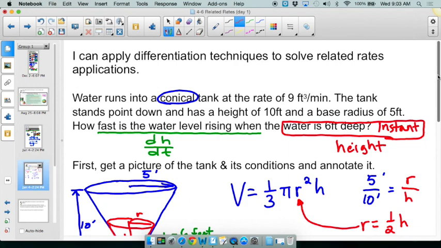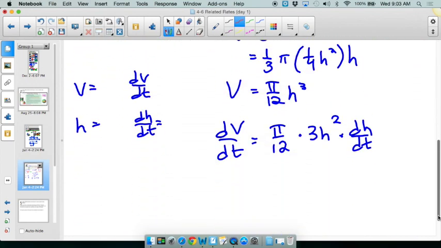Do we know our rate, how our volume is changing? How much is it changing by? 9 feet cubed per minute. Do we know our height at that snapshot? Yeah, 6 feet. Do we know our rate of change of height? No, that's what we're being asked to find. We have to find it.